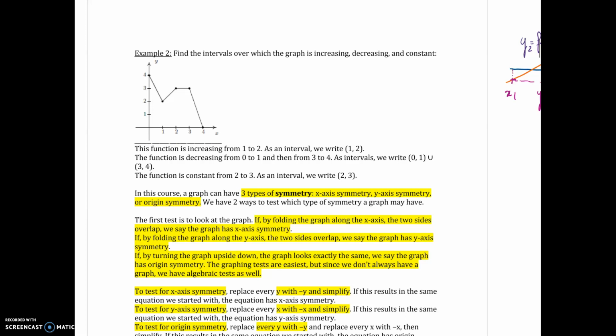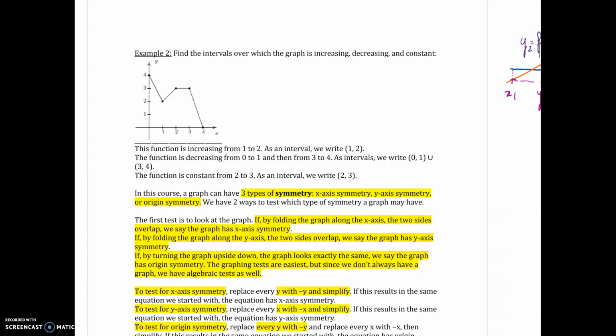When you're seeing a line going down, the slope is negative, you know that you are decreasing. So I can understand that on the interval 0, 1, I have a decreasing function. On the interval 1, 2, I have an increasing function. On the interval 3, 4, I have a decreasing function.